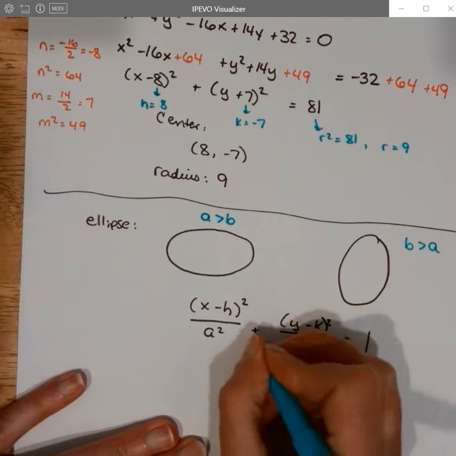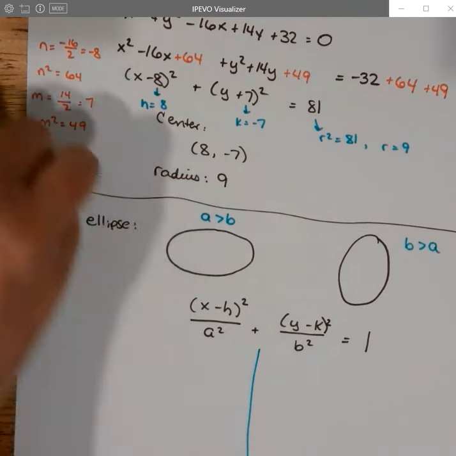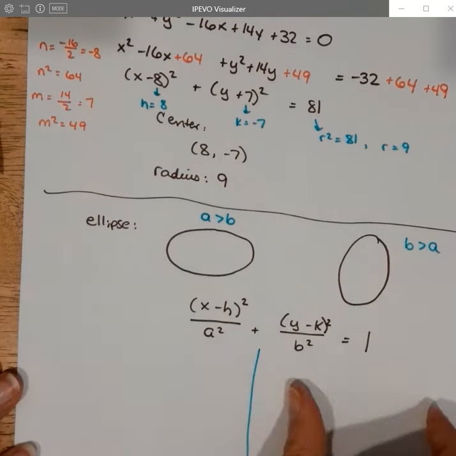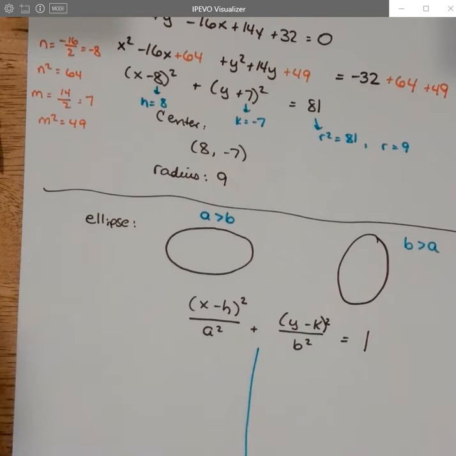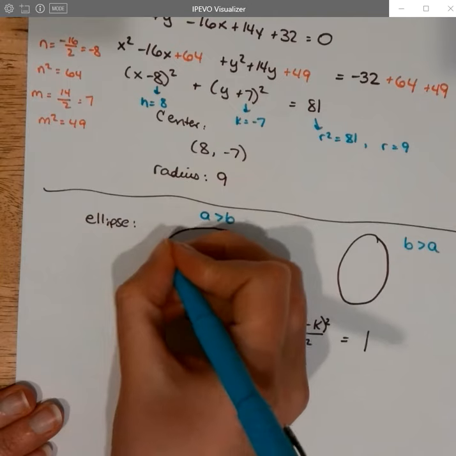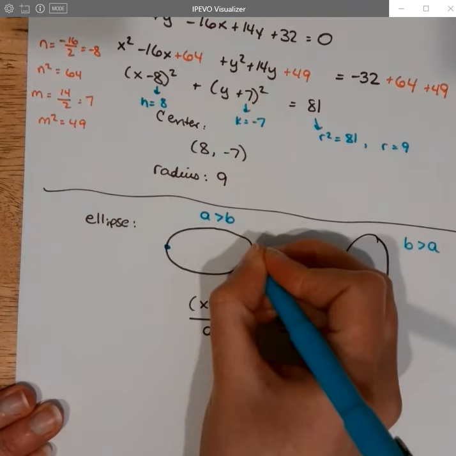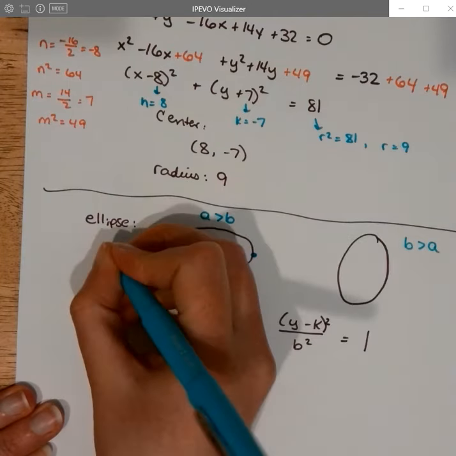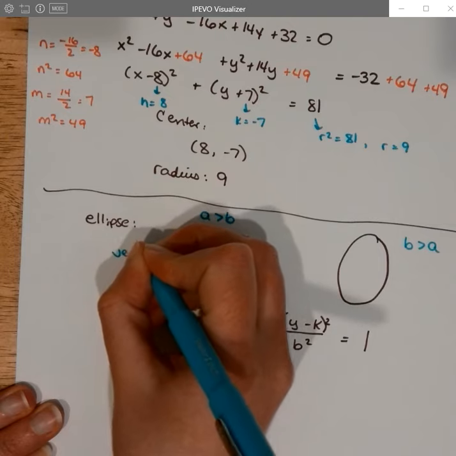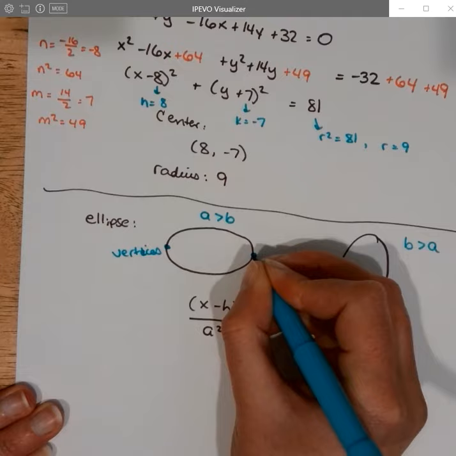Okay, so for the ellipses, I'm going to have to divide and talk about both of these separately in terms of other features of them. We talk about the points on the long edge of the ellipse as the vertices. So there are two vertices here on the edge.